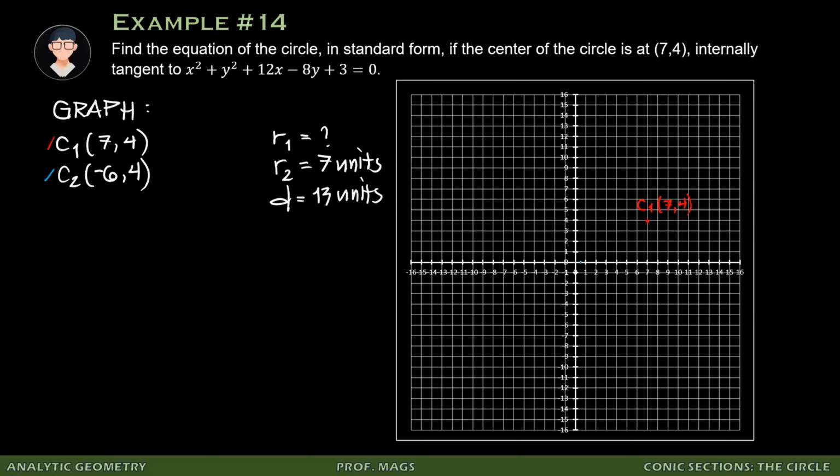The center of circle number 2. So, from the origin, negative 6 tayo. Negative 1, negative 2, negative 3, negative 4, negative 5, and negative 6. Upward naman, 1, 2, 3, 4. Okay? This will be C sub 2, negative 6, and 4.